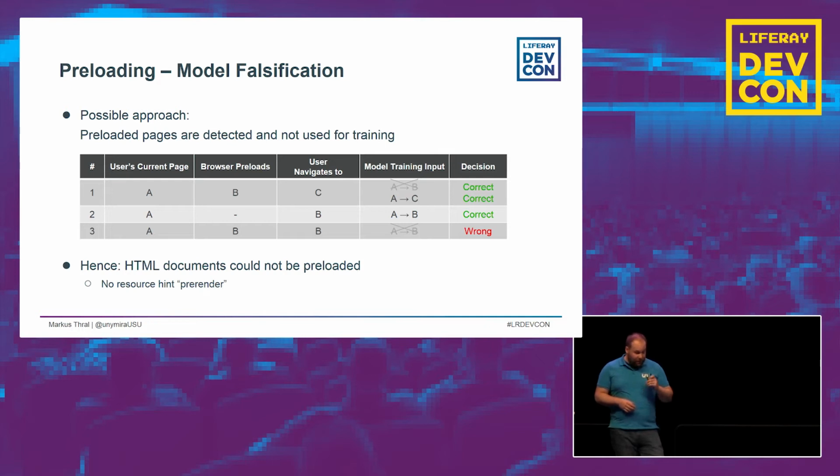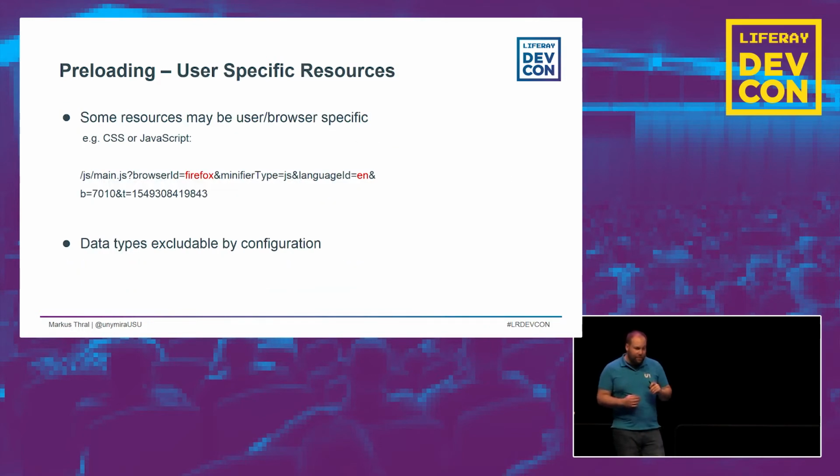Okay, on the other hand, we have, especially in Liferay, very user-specific resources. For example here, a JavaScript file which is customized for the Firefox browser and for the language English.